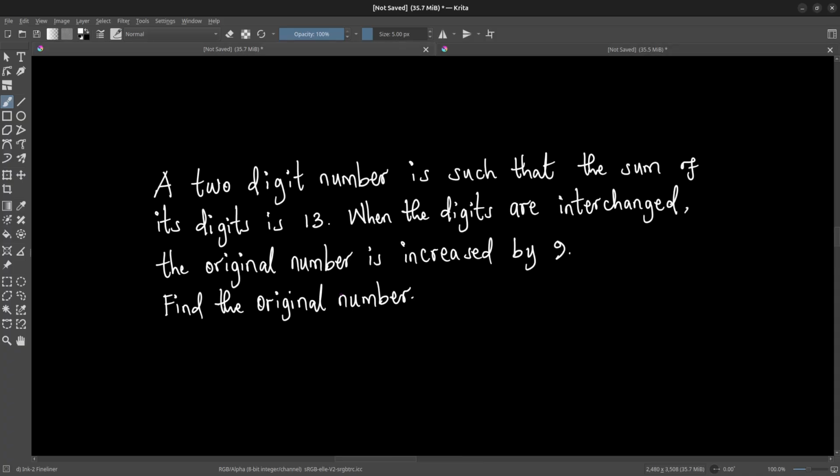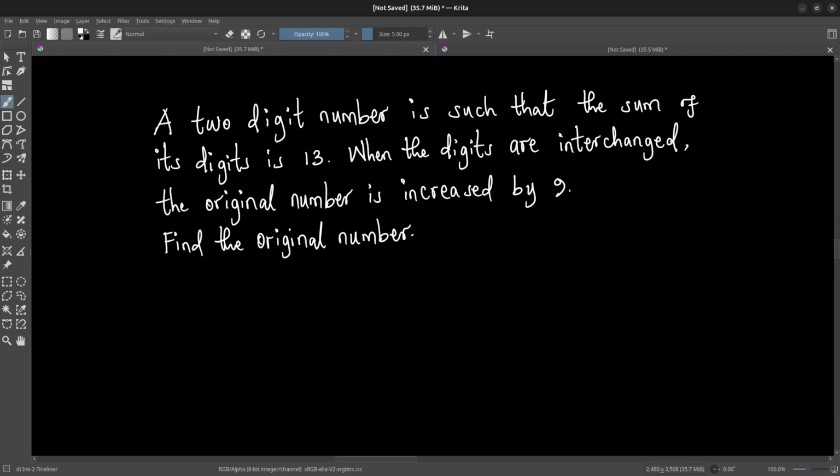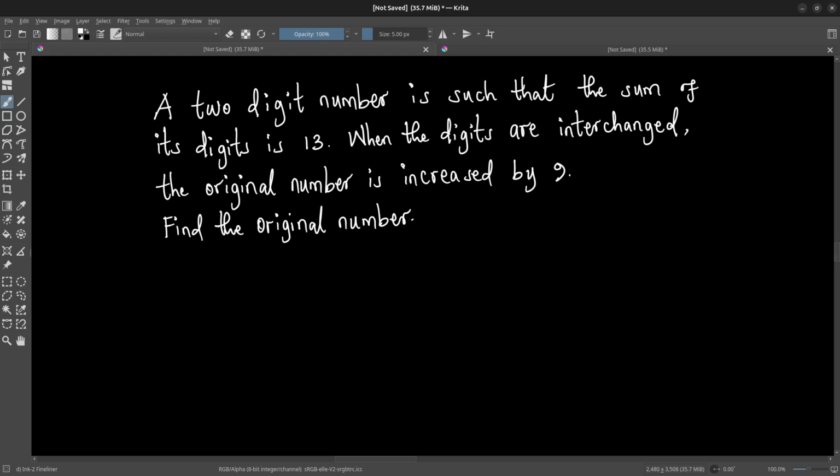In this question, we have a two-digit number and we are just going to call it xy. So let's say the number is xy. To get the value of the number, we have to do 10x plus y. The sum of its digits is 13.